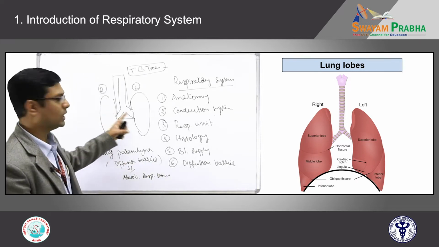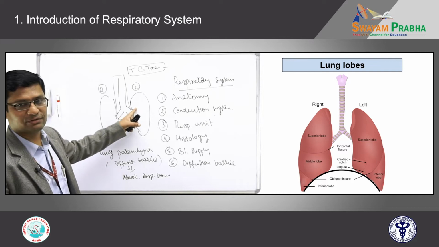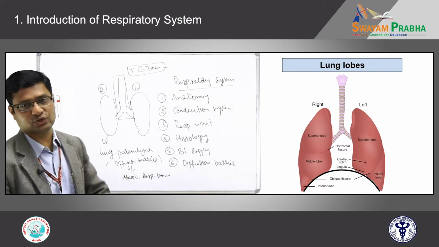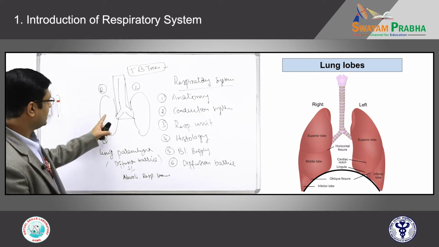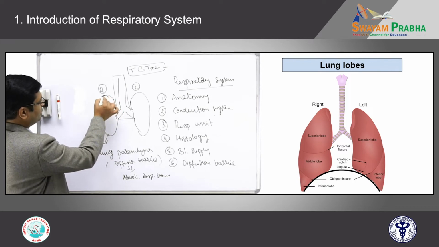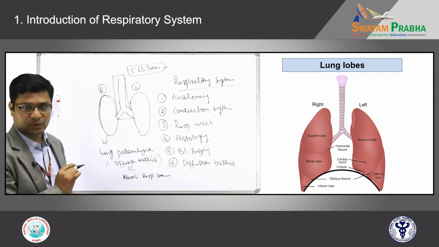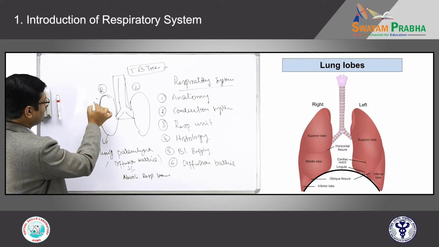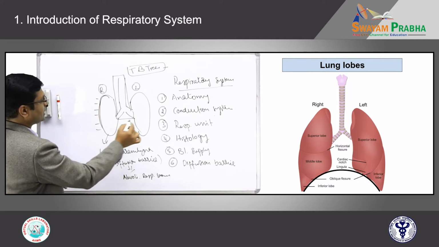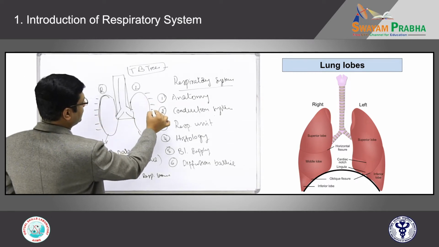Right? We have two lungs, right lung and left lung. Both the lungs are situated in the thoracic cavity. On their surface they are covered by pleura, and externally they are covered by a strong rib cage.